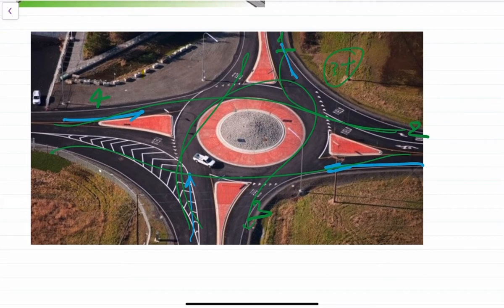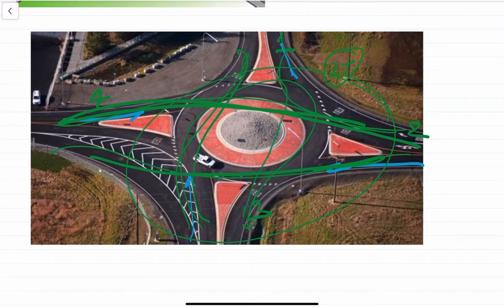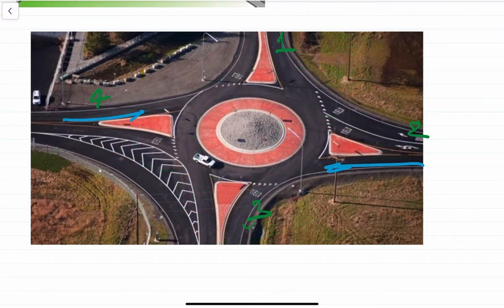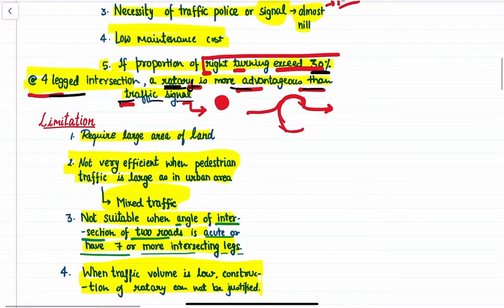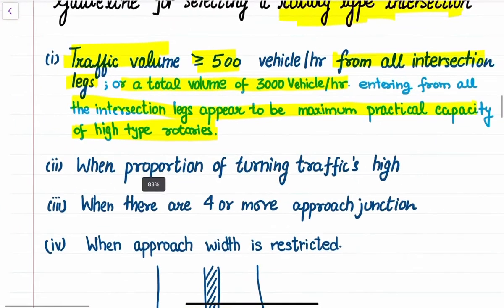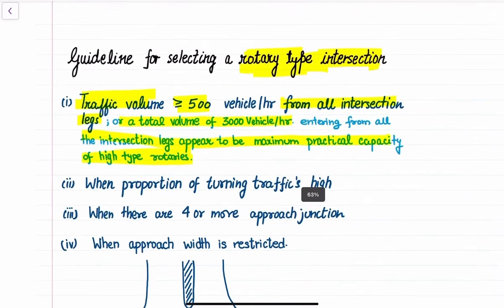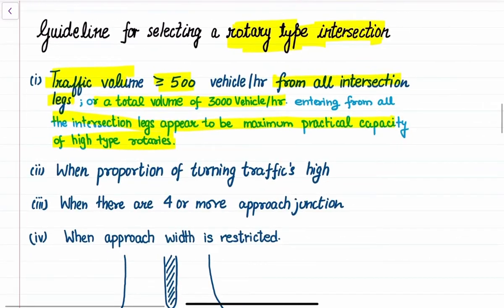If higher traffic volume is moving along the intersection, only then should we look into the possibility of construction of a rotary, because since traffic volume is high, we want the constant movement of traffic along this rotary intersection. So that is one of the primary guidelines to be taken care of when we look at constructing a rotary at that intersection.